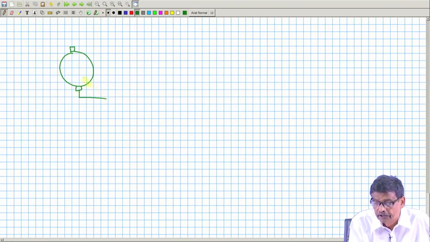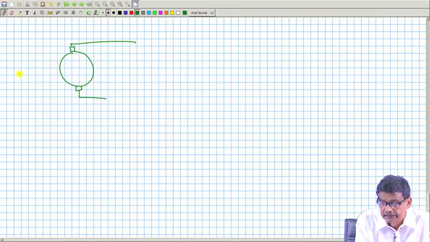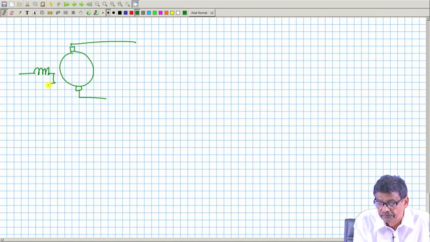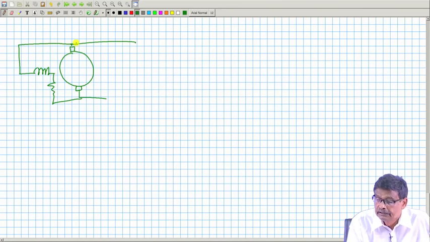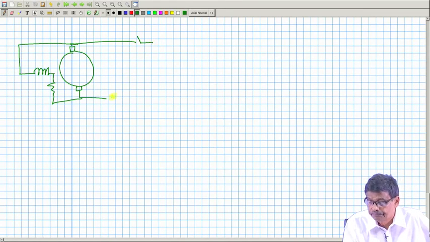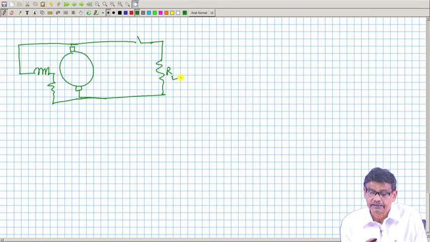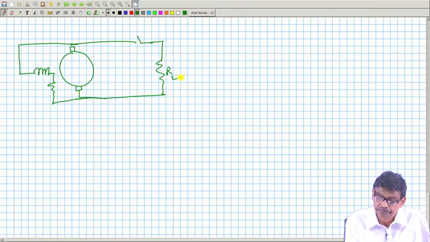This is your armature terminals, this is your field circuit terminals, and here is the switch where I will connect the load. Load means resistive, since everything is DC, a load resistance, and that is all.